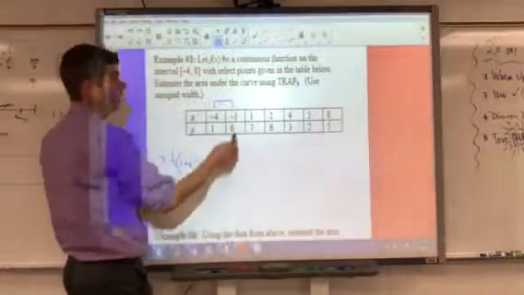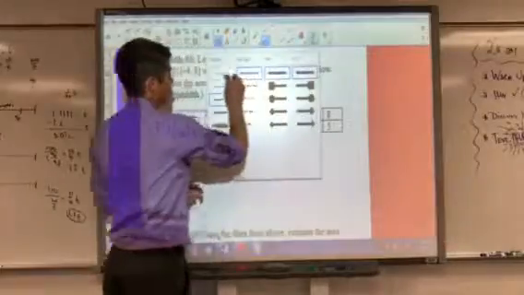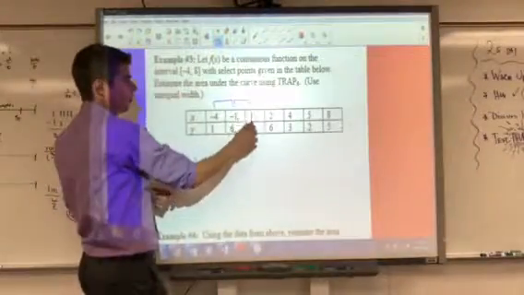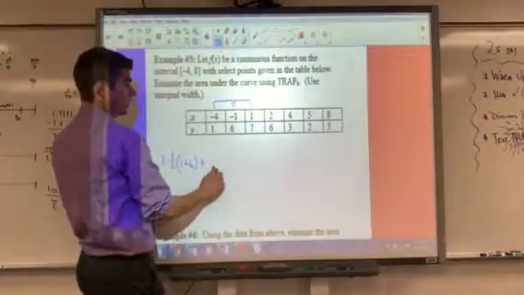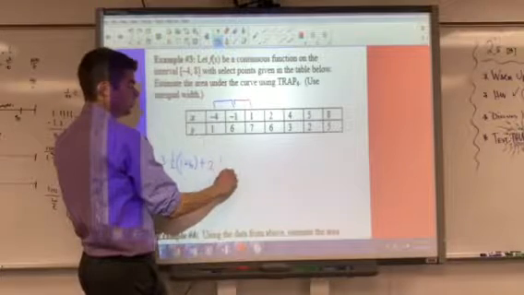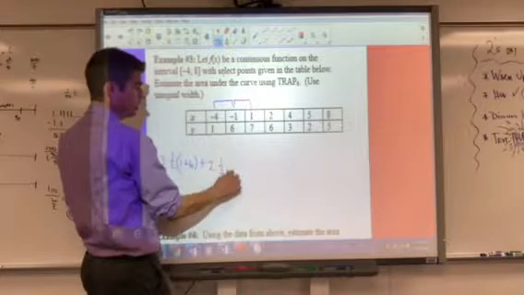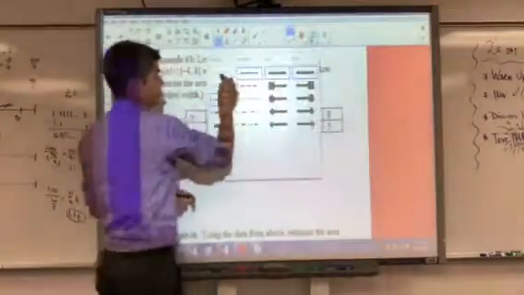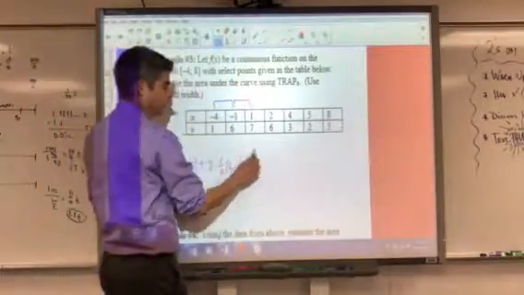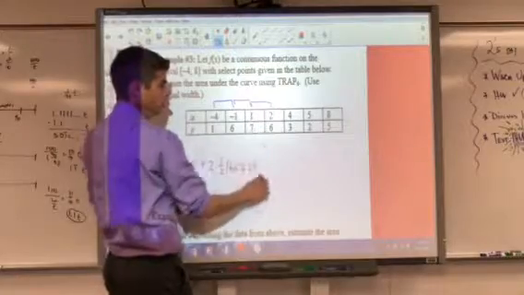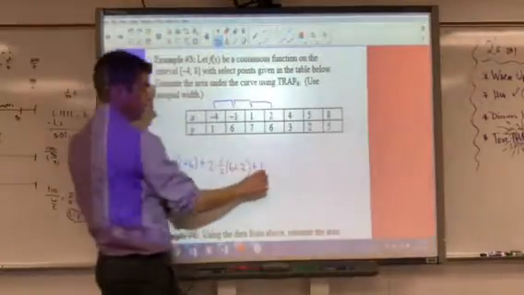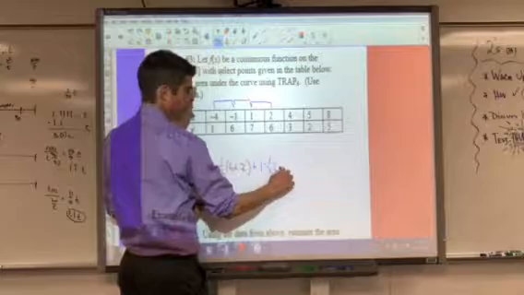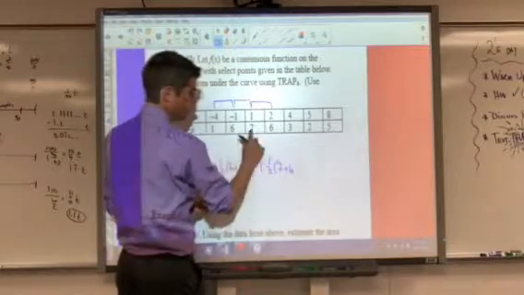Plus, and then I go from -1 to 1. That trapezoid has a distance of 2 times 1/2 the function values, 6 plus 7. Plus from 1 to 2, so that's 1, and then the average, 1/2 of 7 plus 6, right?